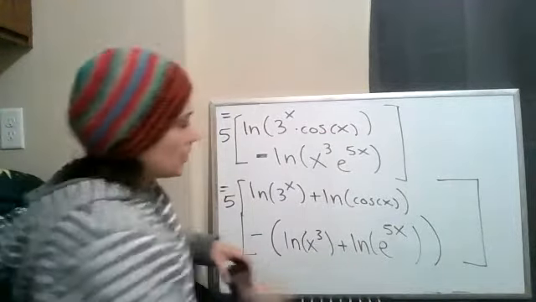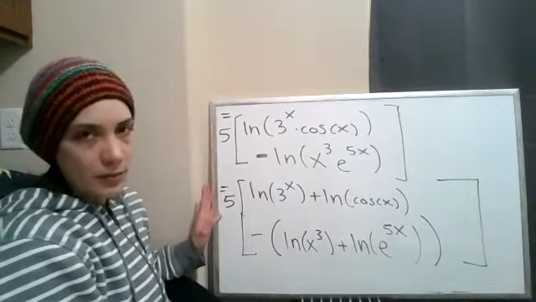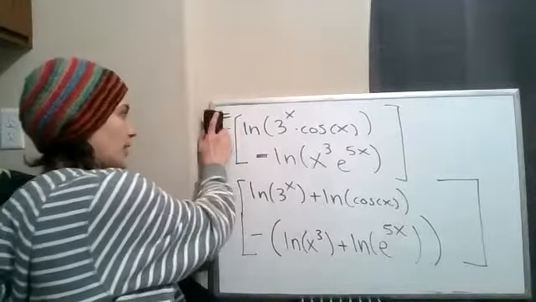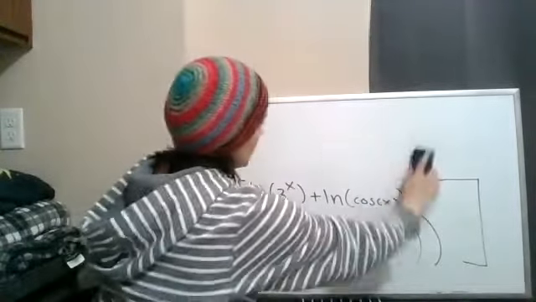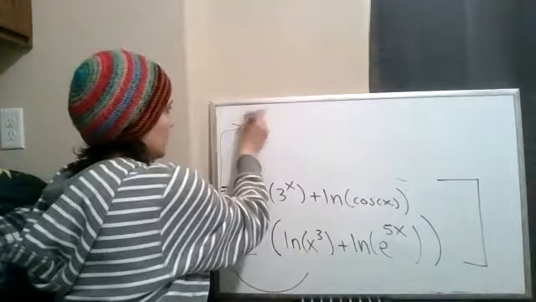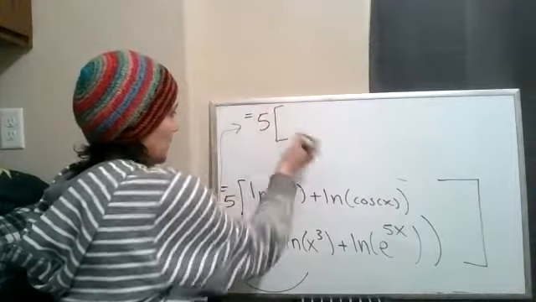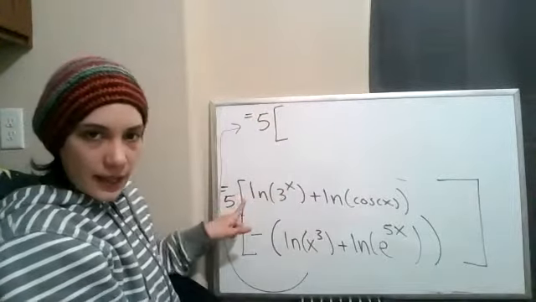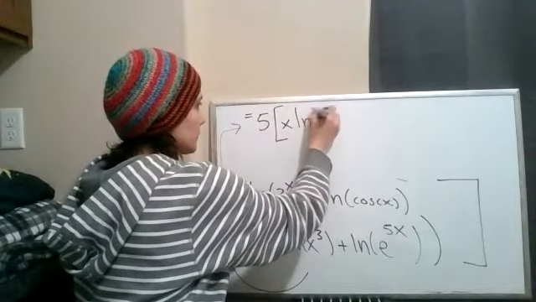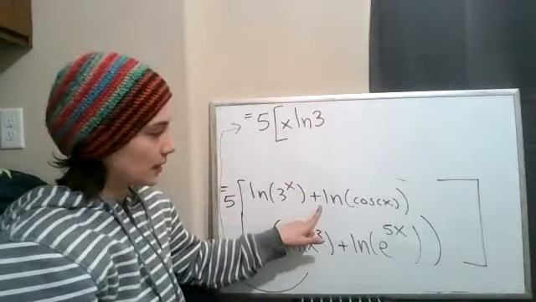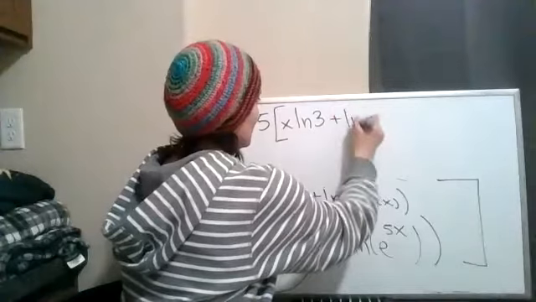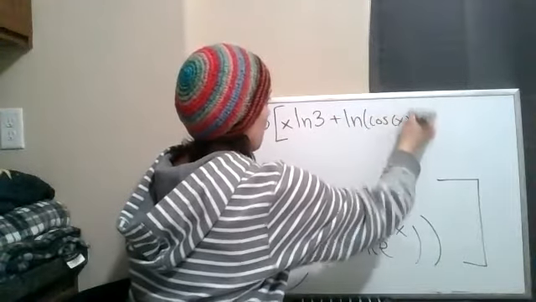So let's still work on the original expression. So y is equal to 5 times x ln of 3 plus ln of cosine of x. Okay.